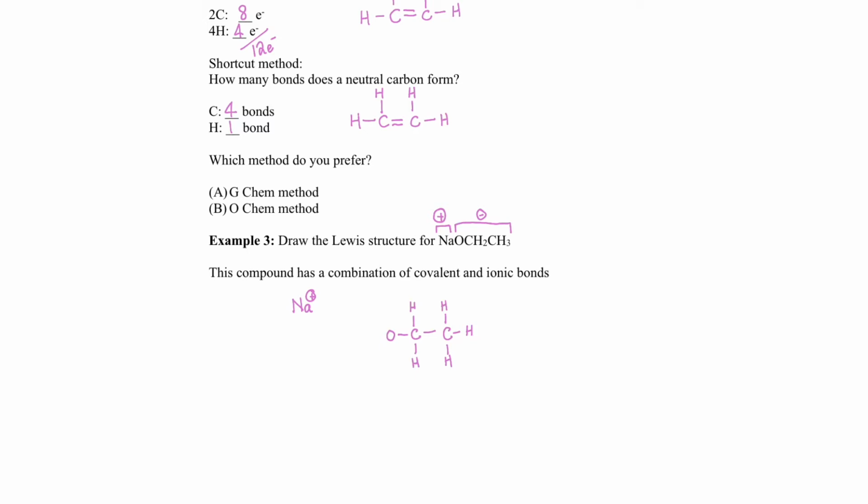So for this oxygen to have octet, it needs to have 6 valence electrons and then a bond. So if we're doing the formal charge math for this, it would be 6 minus 7, and that's going to be -1, which is perfect because this ion overall is going to have a negative charge. So the negative goes onto the oxygen. All right, so that's how you should draw the Lewis structure for sodium ethoxide.